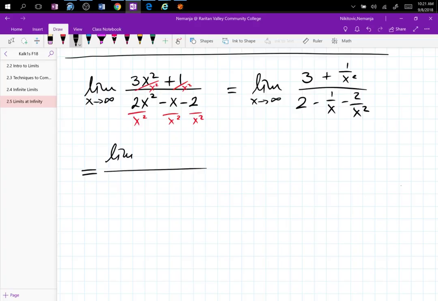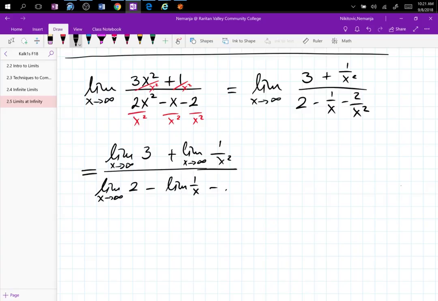You have the limit as x goes to infinity of 3 plus the limit as x goes to infinity of 1 over x squared. And then you have 3 of these in the denominator: the limit of 2 minus the limit of 1 over x minus the limit of 2 over x squared.